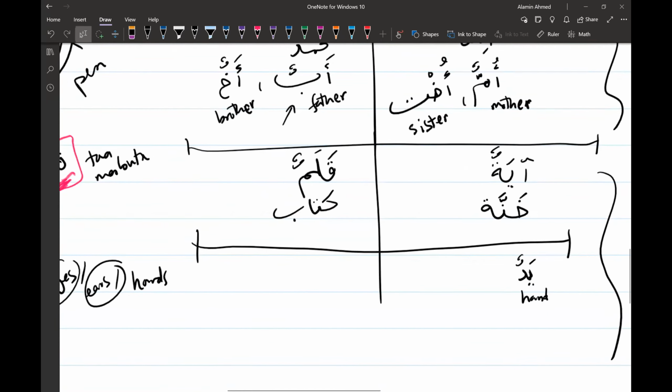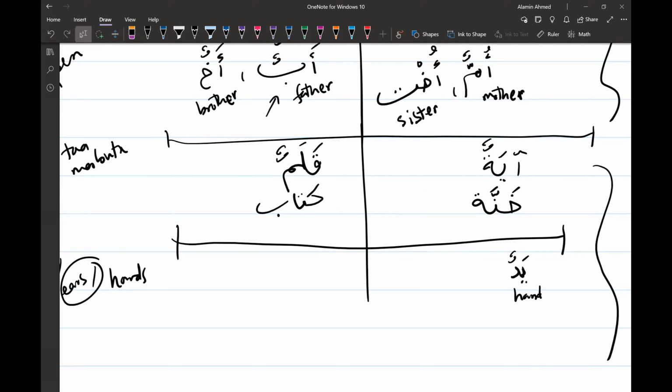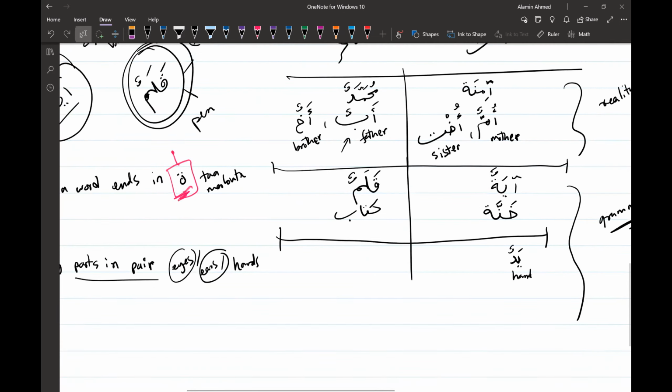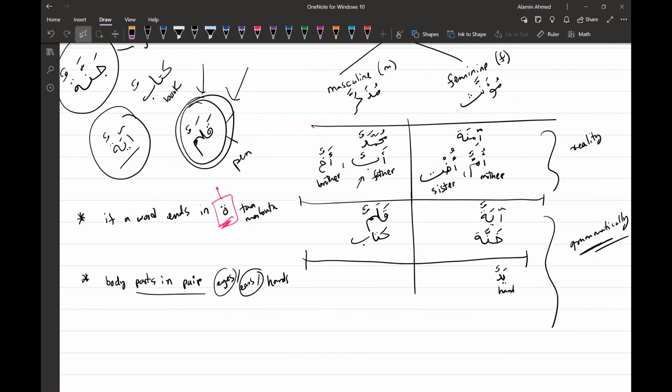The point is that this is something the Arabs did for whatever reason, we just have to accept it. The Quran has to use these exactly the same way the Arabs used them. So hand falls under feminine, mu'annath.